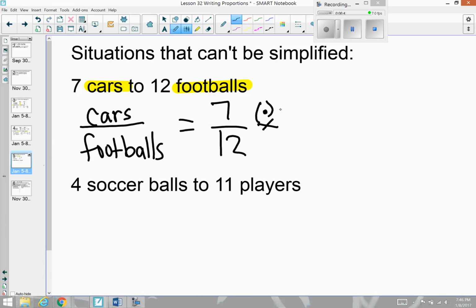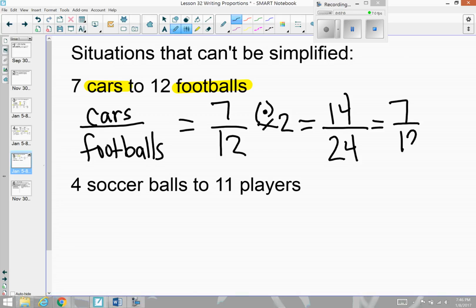So I'm going to multiply by 2 in this case. 7 times 2 is 14, and 12 times 2 is 24. Very good. So our equivalent ratios, which again make a proportion, are 7 to 12 is equivalent to 14 to 24, and therefore that is our proportion.